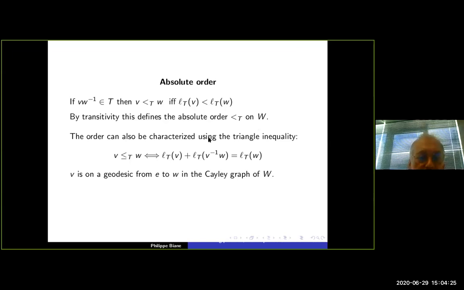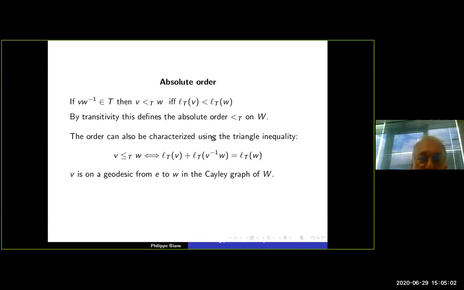In general, V is smaller than W if and only if we have the following equality: the length of W is the length of V plus the length of V minus 1 W. In general, if you take arbitrary V and W, the left-hand side of this equality will always be larger than the right-hand side. This is a triangle inequality in the group W with respect to the length function LT.